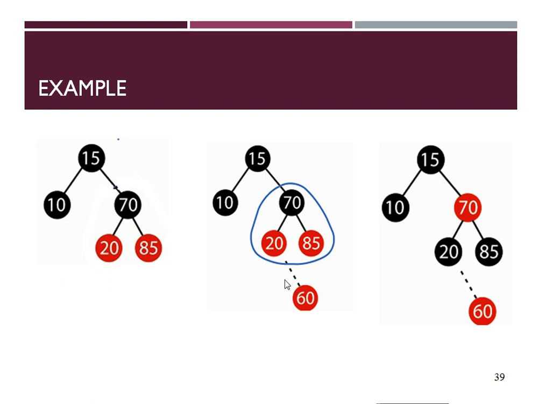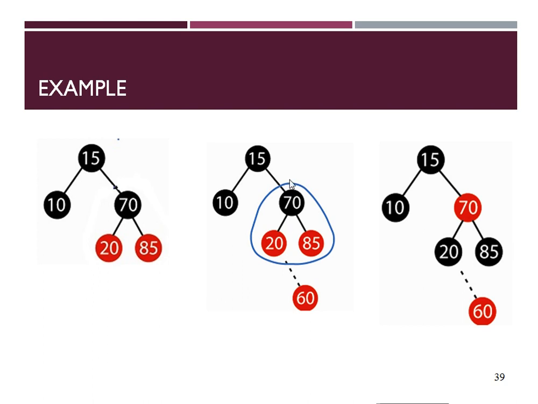We know that here we have a conflict. As we add a new node 60 as the right child of 20, then we know parent and child node cannot have the same color. So in this case we'll have to do recoloring, and this is shown in the third figure here. See, 20 and 85 are colored as black, and then because the property is again getting violated, the parent node should have black color.